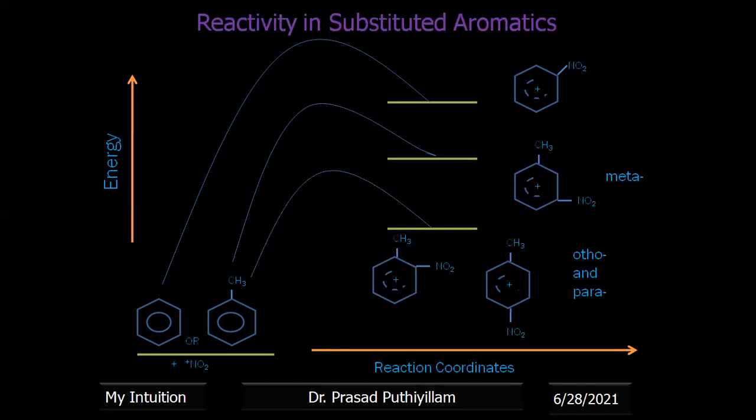So you can compare, relative to the benzene ring, how the CH3 group, a ring activating group, decreases the energy level of the transition state, and how fast the reaction can take place. If the transition state energy level is lower, then the reaction is faster, the formation of the transition state is faster, and it quickly gives the final product.